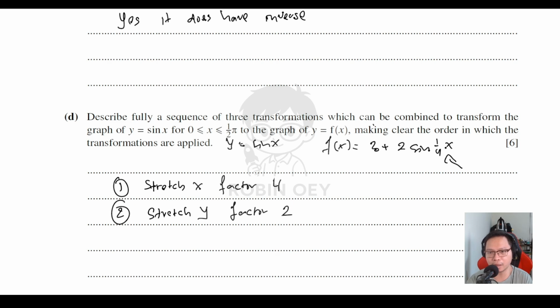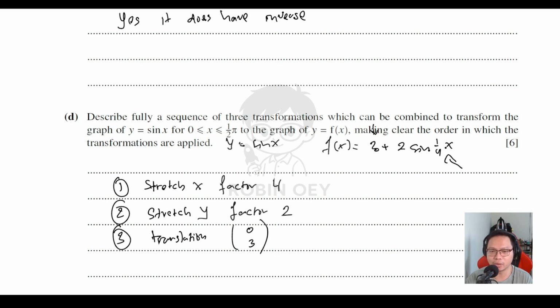And we have a translation. The translation would be the last, with the vector (0, 3). Sorry, it doesn't have x translation, it only has y translation.